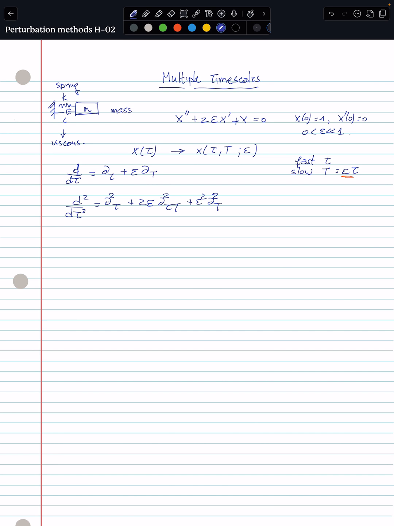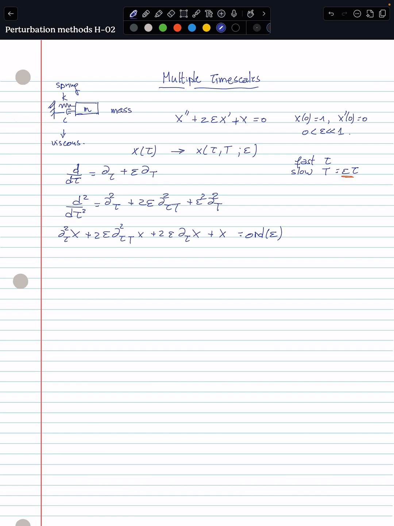So the original problem becomes the second derivative of x, plus 2 epsilon cross derivative, plus 2 epsilon times the first derivative with respect to tau, plus x, equal to order epsilon. That's basically the same equation as the one we met in the previous video. The only difference is that I kept the same symbol x instead of introducing y.